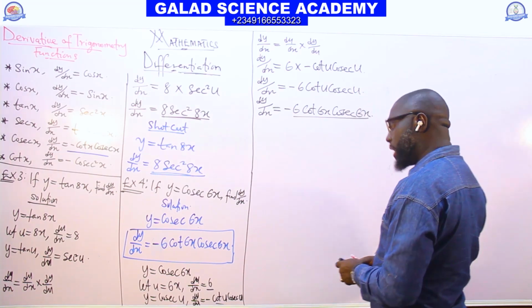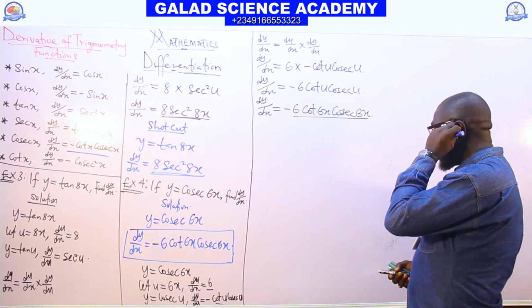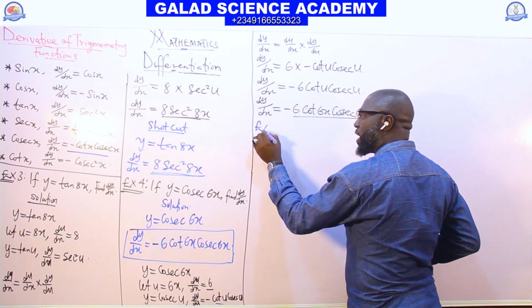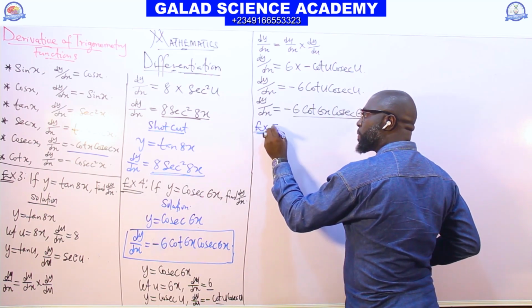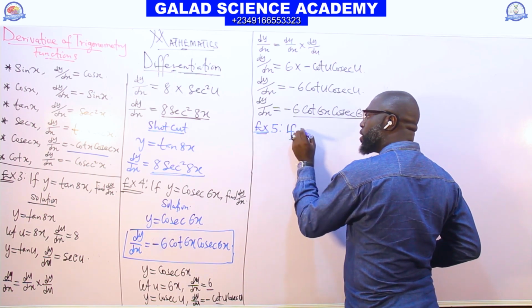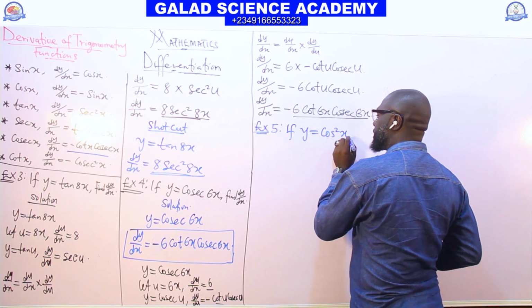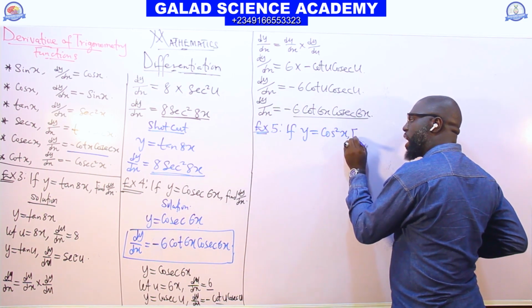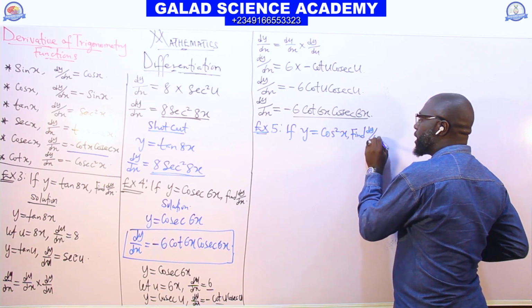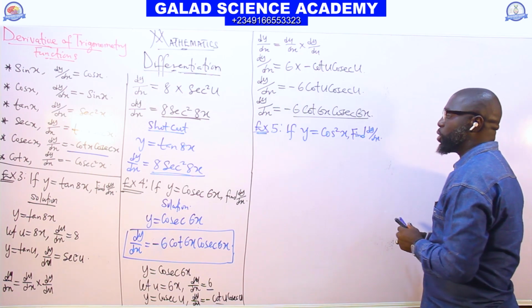So let me migrate to the next example, example 5. If y equals cos squared x, find dy/dx.